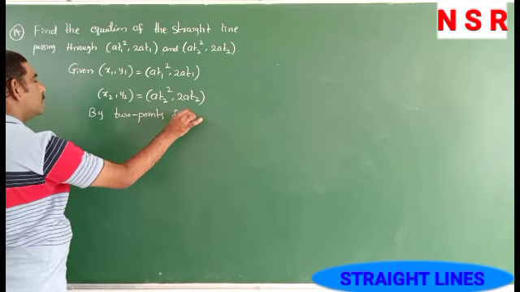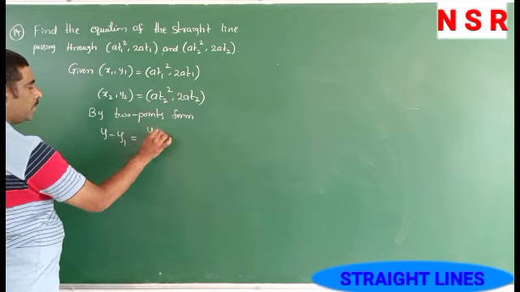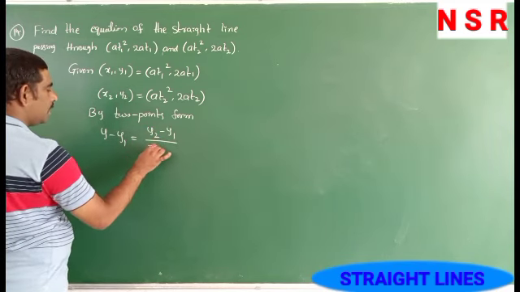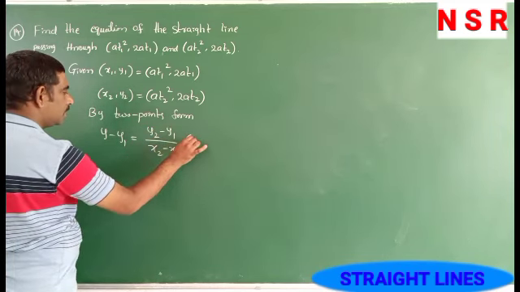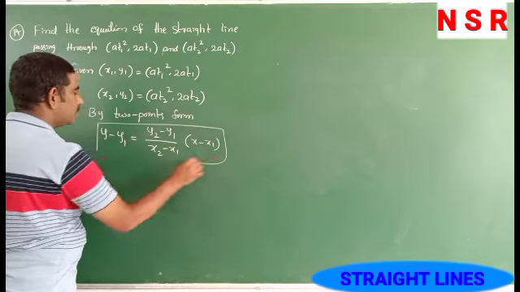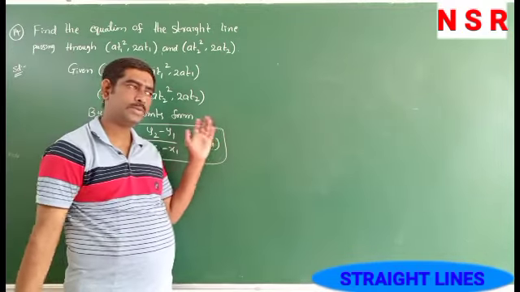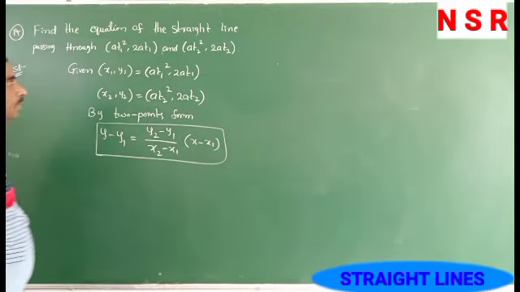By the 2 points form, y minus y1 equal to y2 minus y1 by x2 minus x1 into x minus x1. So this is the 2 point form. Here substitute x1 y1 and x2 y2.